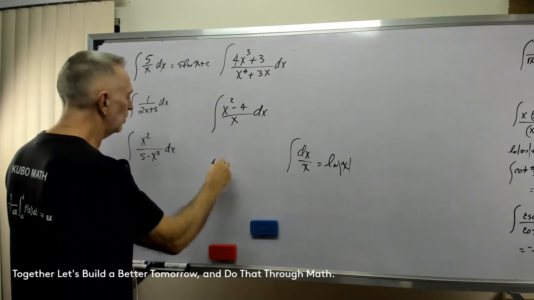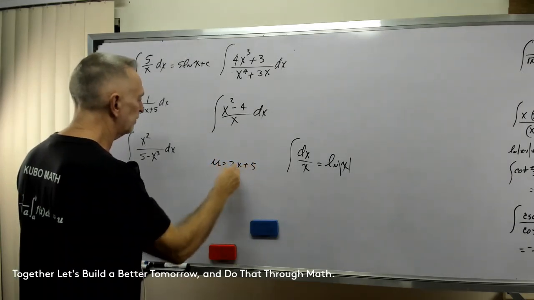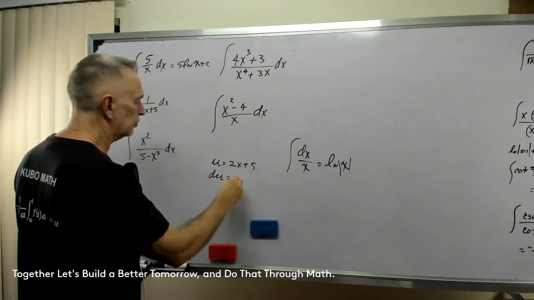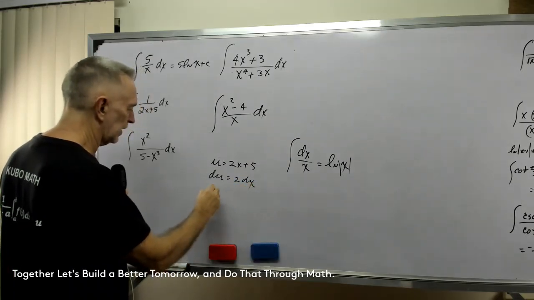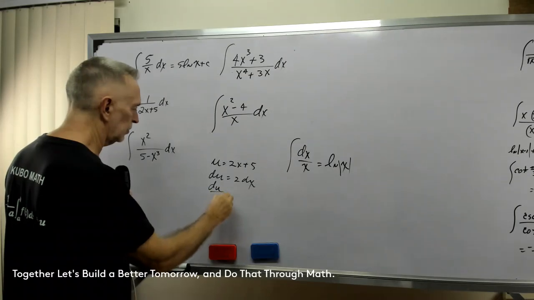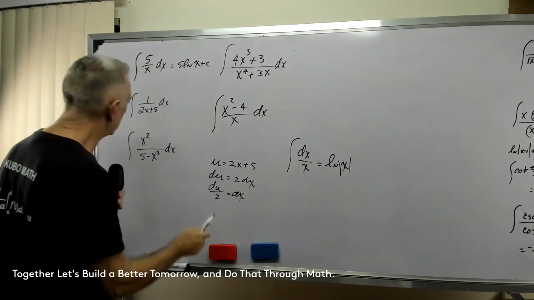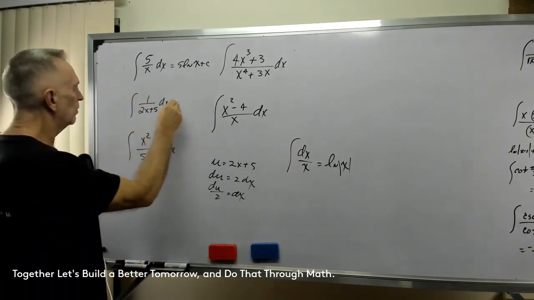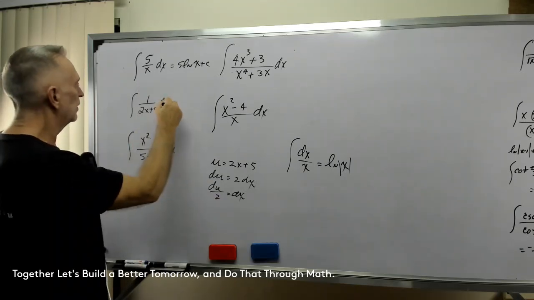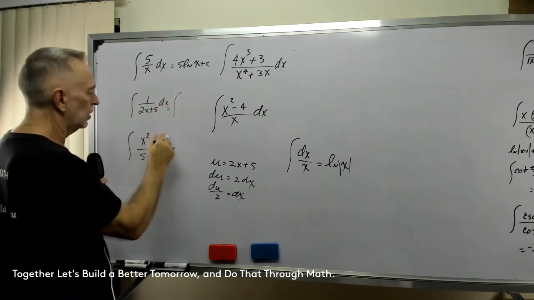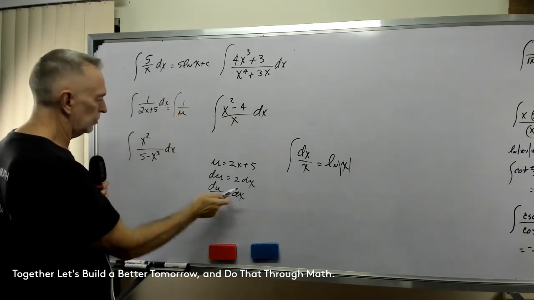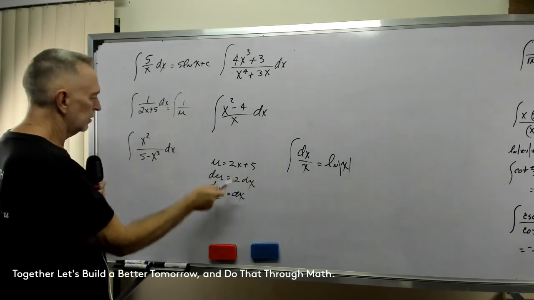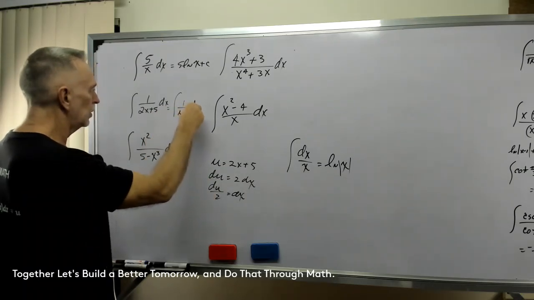Let's let u equal 2x plus 5. du equals 2 dx. So now if we divide both sides by 2, du over 2 equals dx. So now we have the integral of 1 over u, and dx is replaced with du over 2.